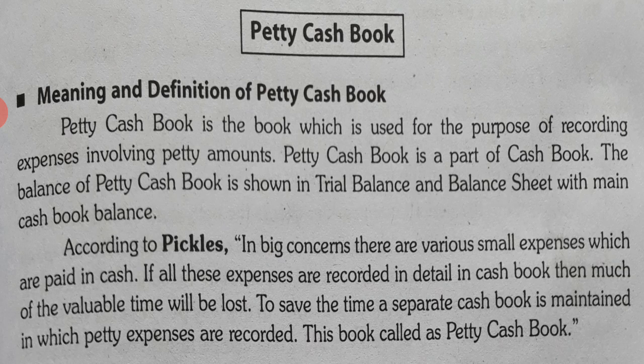Therefore, the small amounts related to expenses are given under a charge of an assistant cashier, and he deals for those expenses, and for which petty cash book is made.